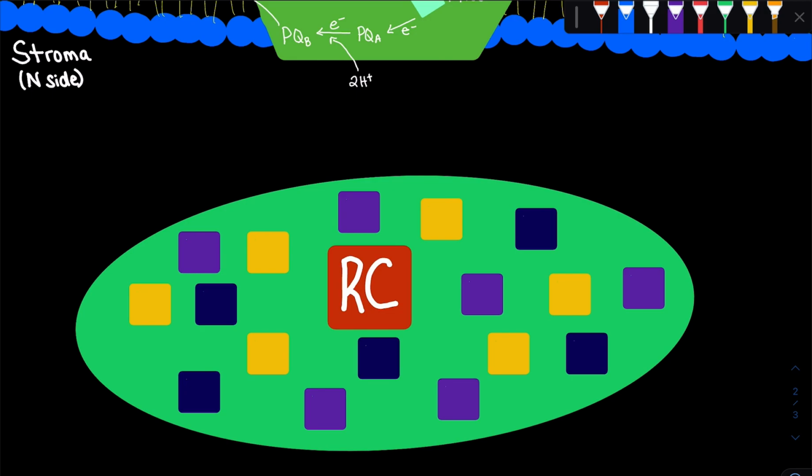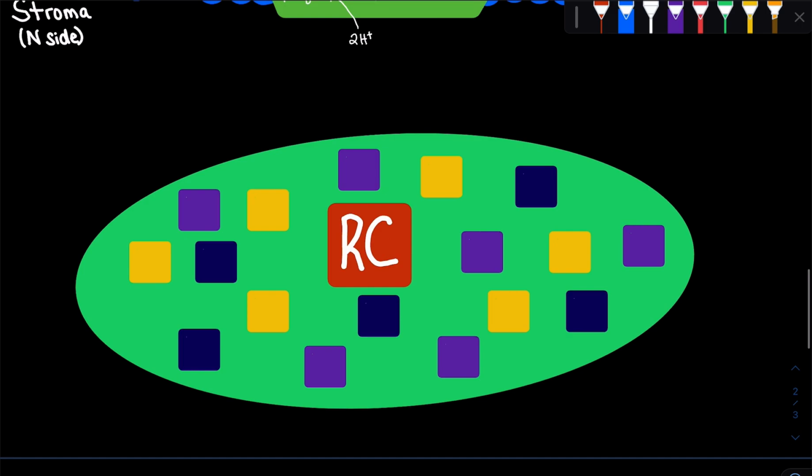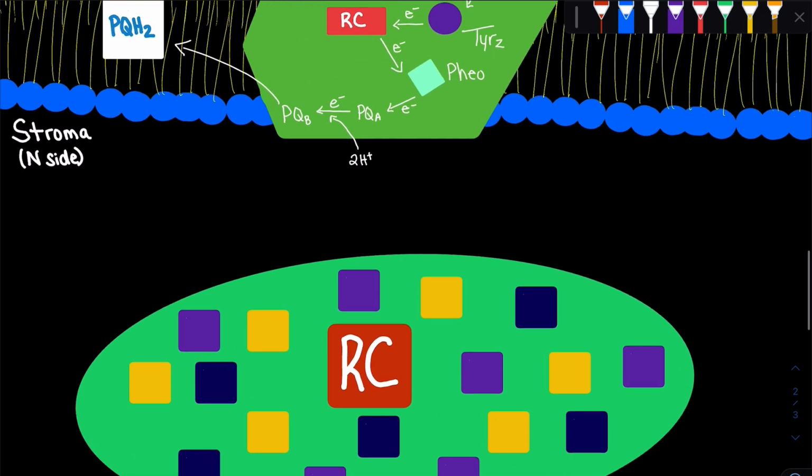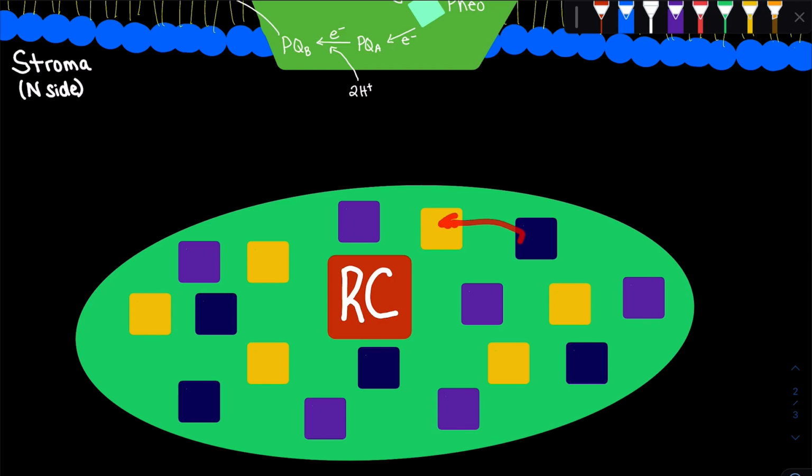We'll see how it gets passed on. To recap, these are all just pigment molecules. One of the pigment molecules gets excited by a photon, so light, and that energy is transferred to neighboring pigment molecules until that energy finally reaches the reaction center. The reaction center's electron gets excited and it gets passed on.